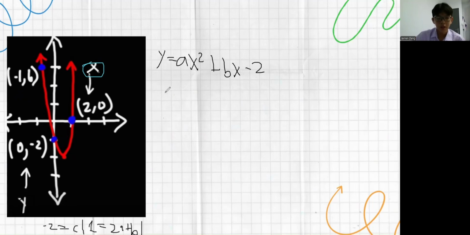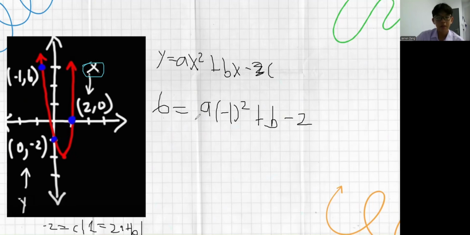So for this one, the y is 6, the x is minus 1. Minus 1 squared plus b is unknown, and the c, sorry, this one is supposed to be c, minus 2. I forgot since there is a minus over here.